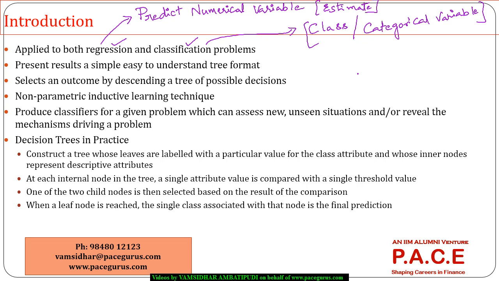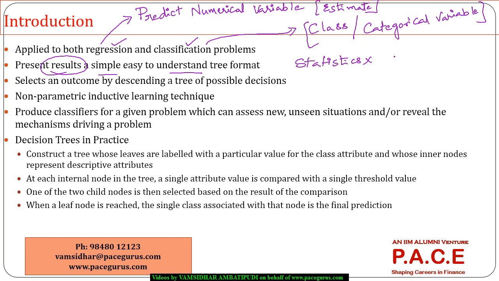Now the decision tree approach can very well be used for both regression problems as well as classification problems. Some of the good things about trees: the result that you get out of these trees is in a simple and easy to understand format. There are no statistics involved.